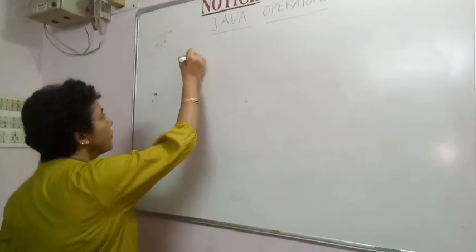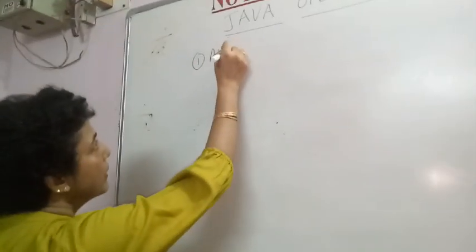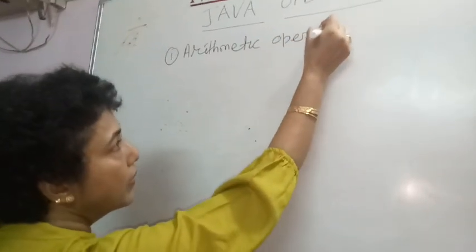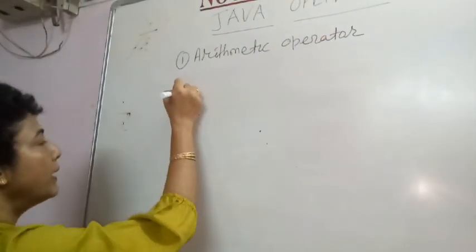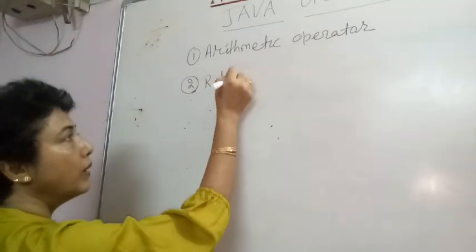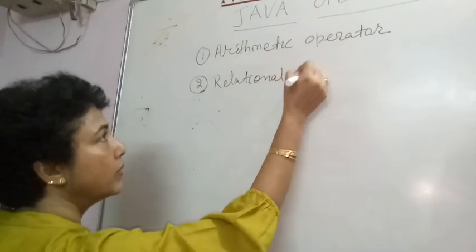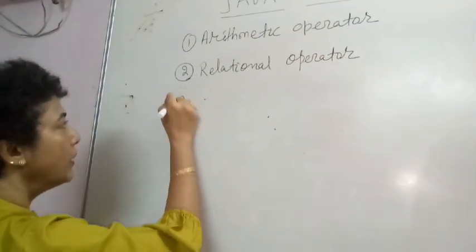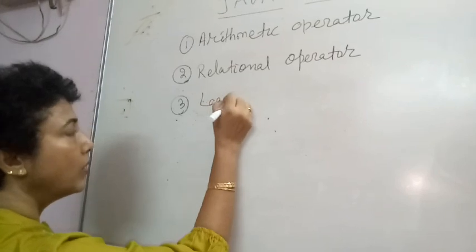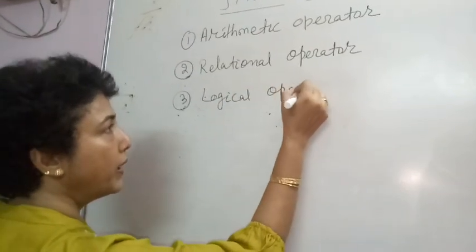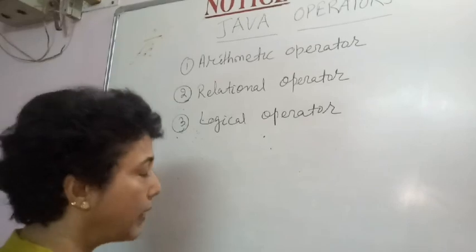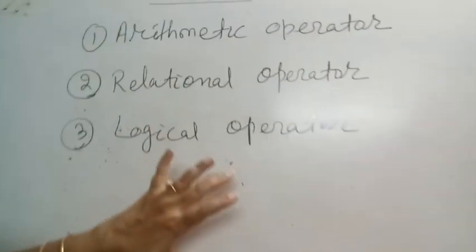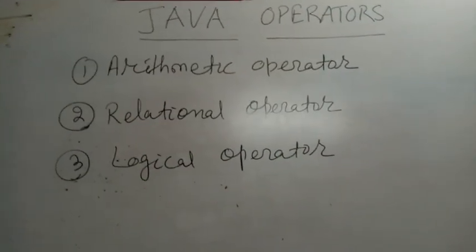The first one is the arithmetic operator, the second one is the relational operator, and the third one is the logical operator. Many operators are there in Java, but primarily we are going to discuss these 3 operators.